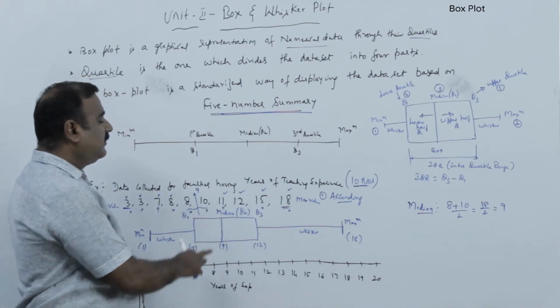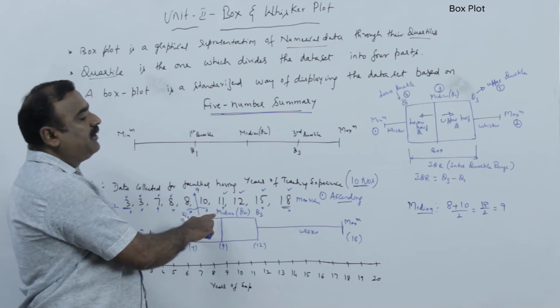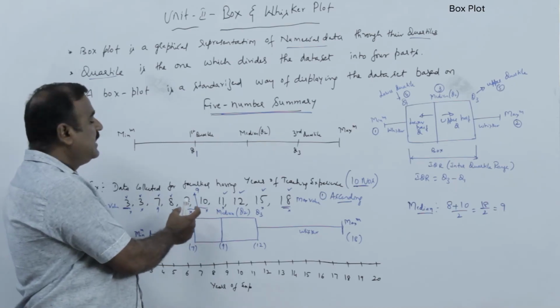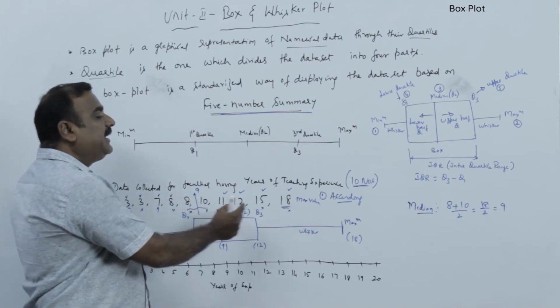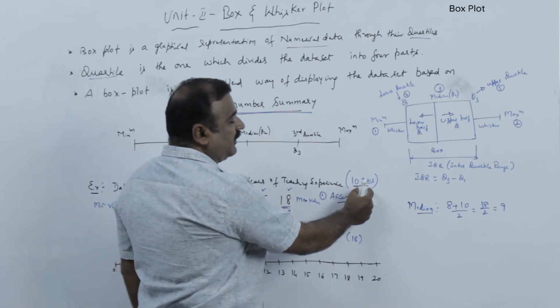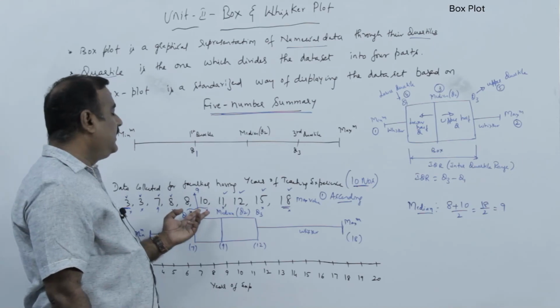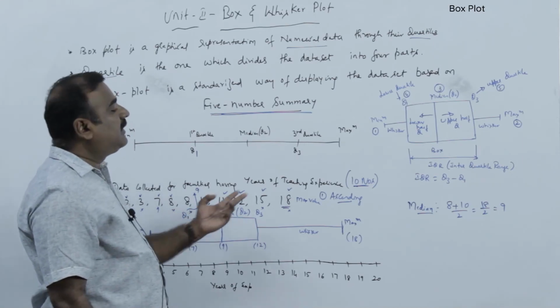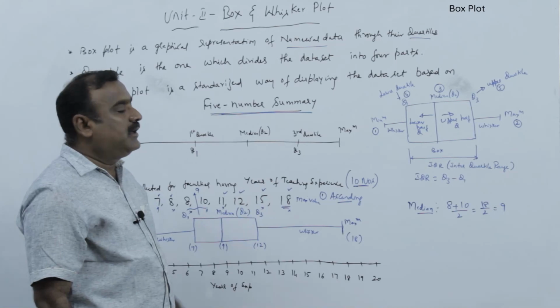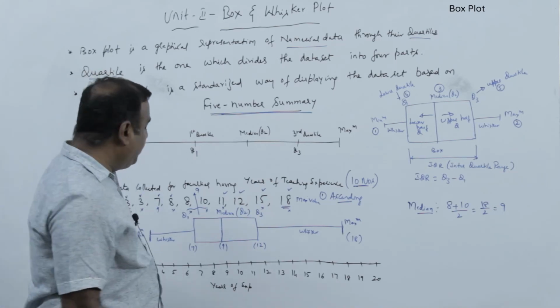Next we have to find the median, the central value. Since the data count is even, the center has 2 values, 8 and 10. So 8 plus 10 divided by 2 gives 9, the central value, that is the median.